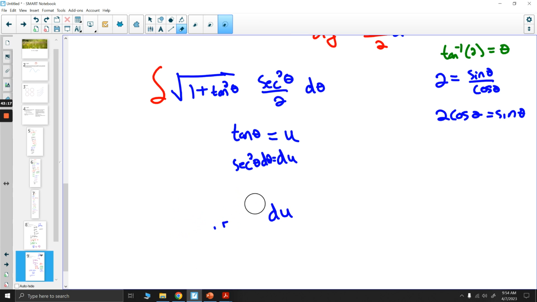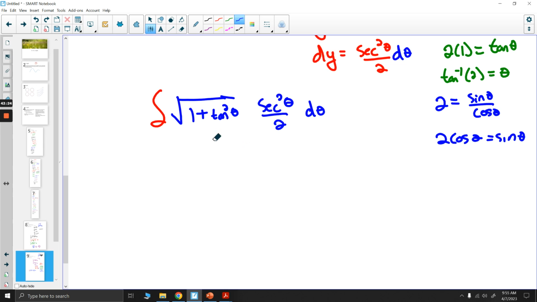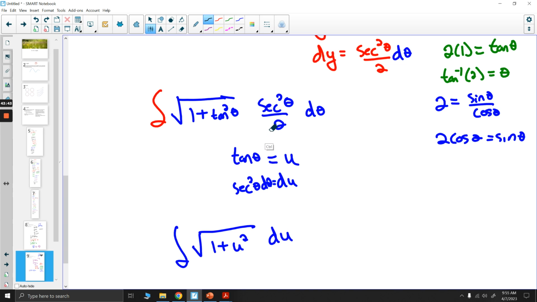We can also go to the table, but I have some other plans for us. Okay, so 1 plus, we're going to go ahead and write this. I was thinking maybe it would make it better, but 1 plus u squared, the square root of that, is just another integration substitution, and it's really not going to make our lives any better. I guess it could.